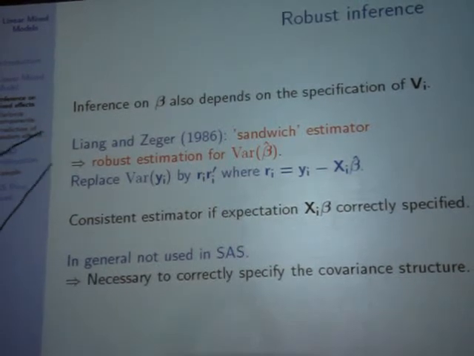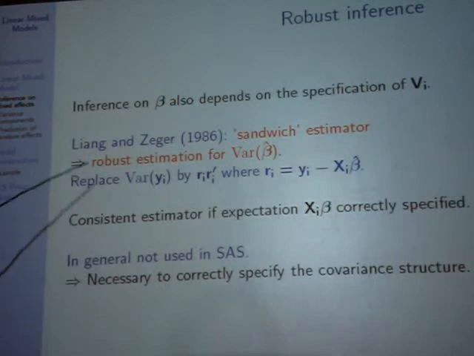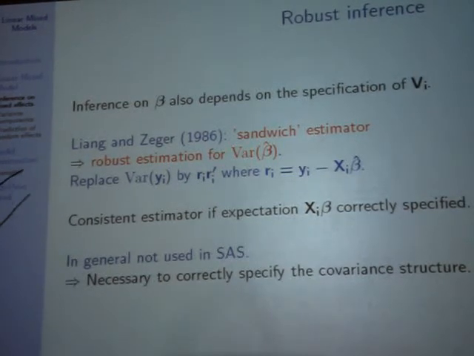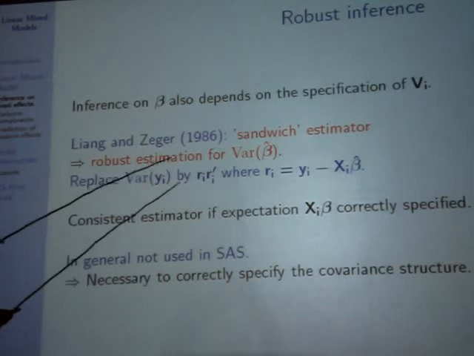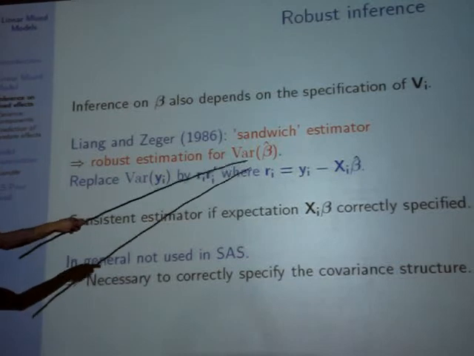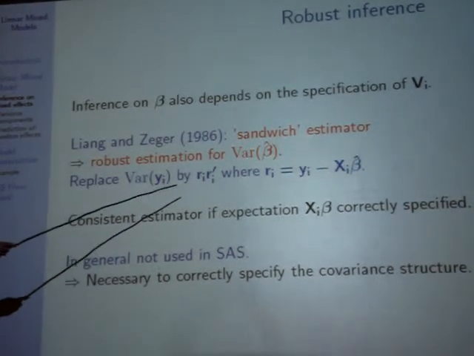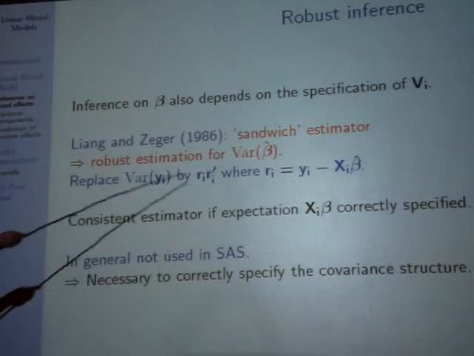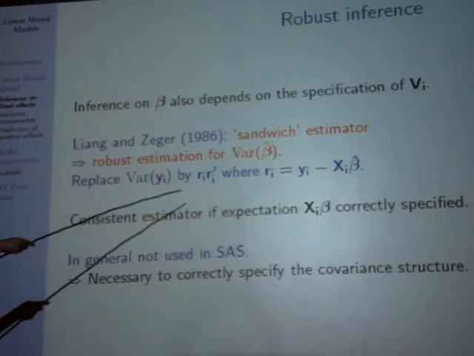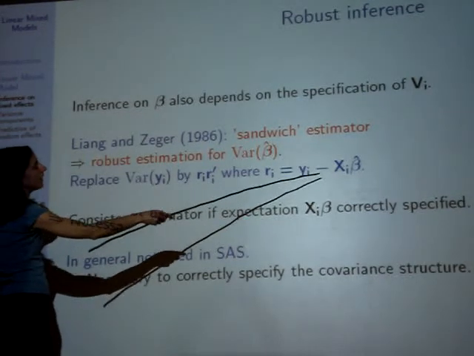So you saw that the inference on parameters beta also depends on the specification of the variance covariance structure V i. And Liang and Zeger in 1986 proposed a sandwich estimator for robust inference of the variance of the estimates beta hat. They propose to replace the variance of the observations y i by r i multiplied by the transpose of r i, where r i represents the residuals, calculated as the observations y i minus x i beta hat.